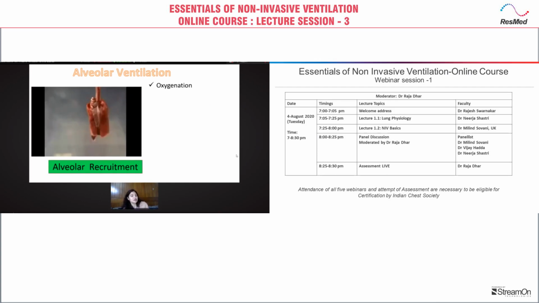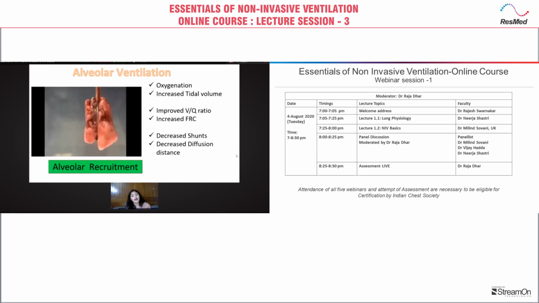Again, oxygenation improves, you have increased tidal volume, you improve the VQ match, increased functional residual capacity, decreased shunts, and decreased diffusion distance. Pulmonary vasoconstriction in response to hypoxia is also decreased.